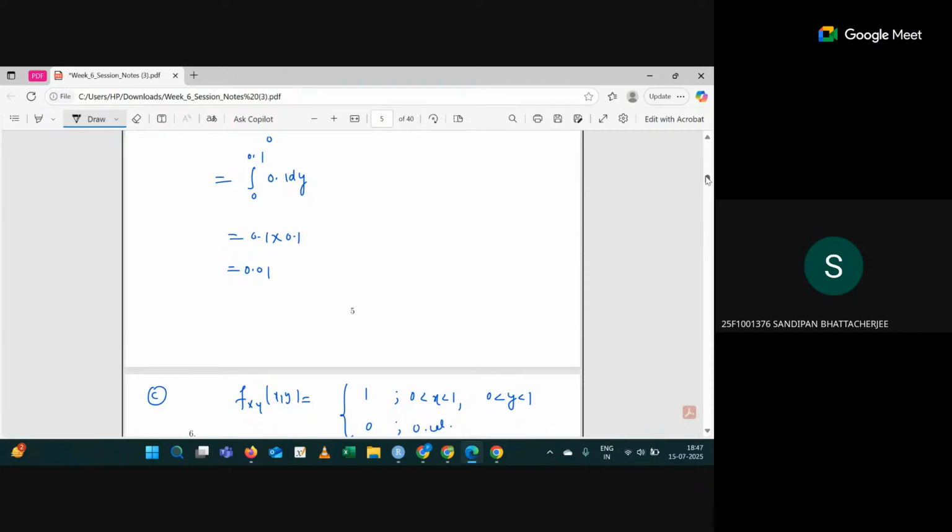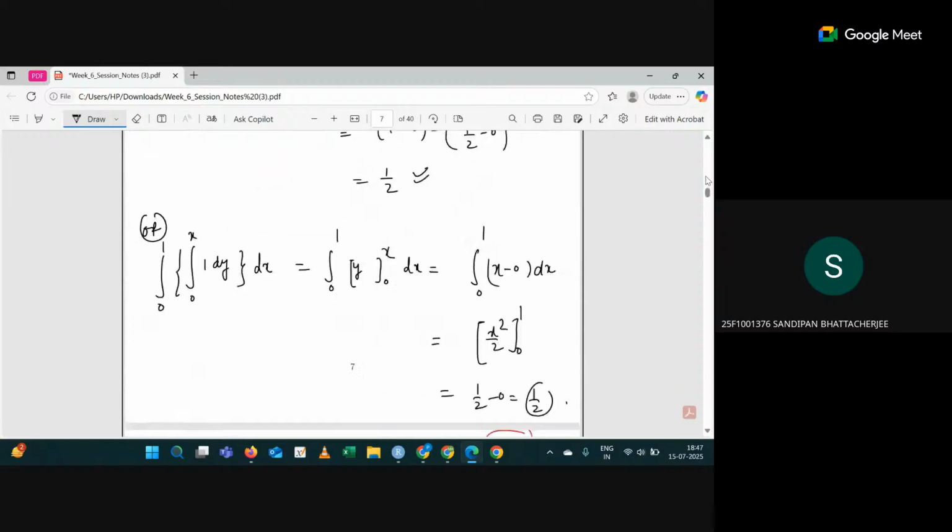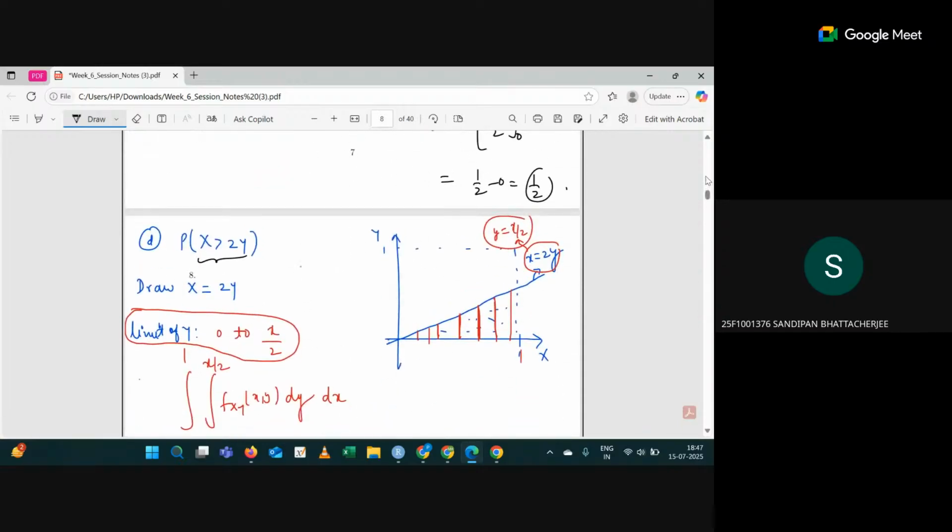And for y, it should be 0 to half, because 0 is the lowest limit it could take, and 1 cannot be a possibility. That's what you would do if you are given a generic function and are not able to draw the x equal to y line here. You just put in values, check the minimum and upper bounds of the function, and then integrate over that.